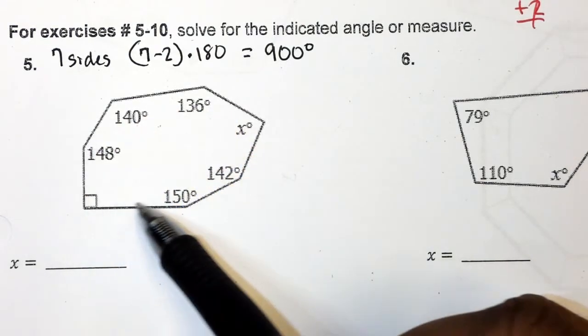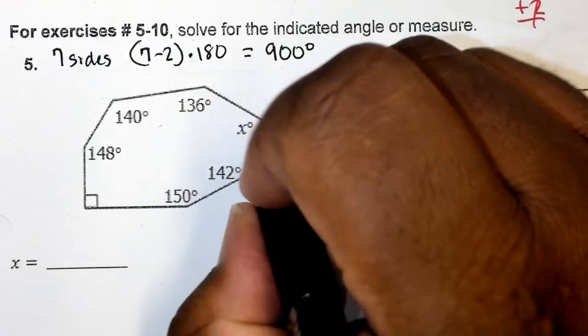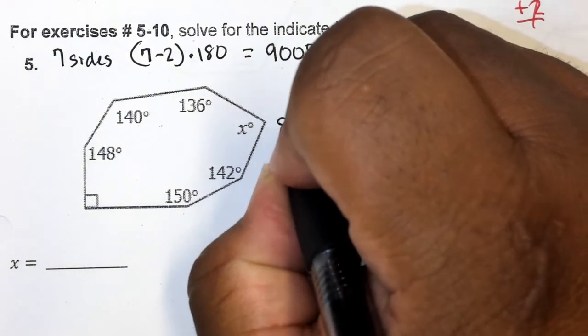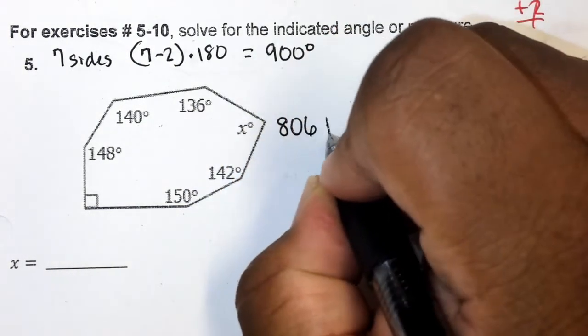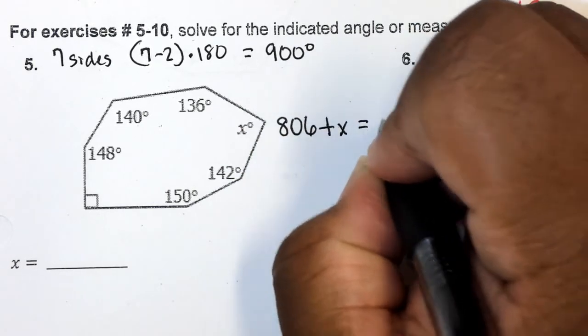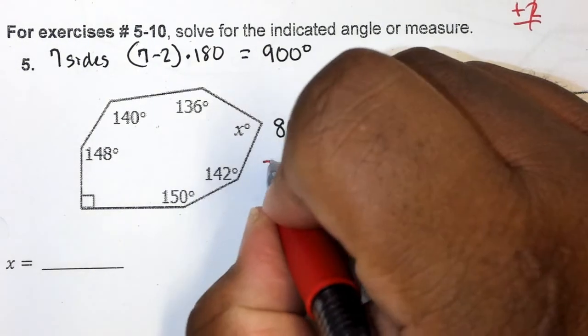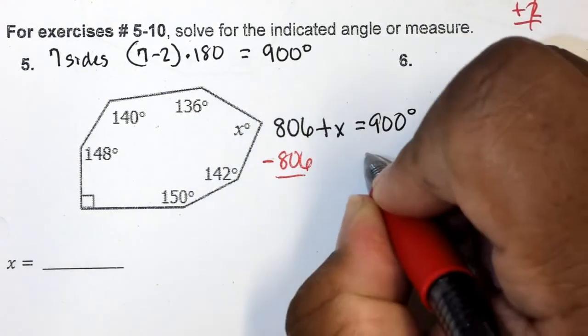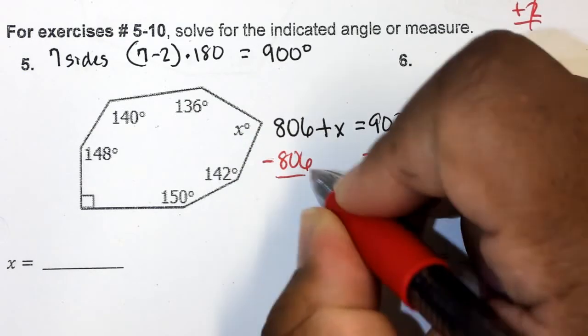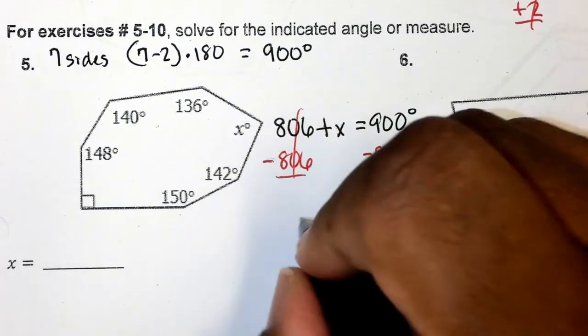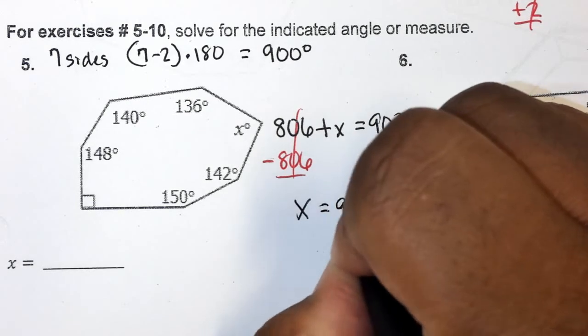When you add all these other 6 angles together, you should get 806. 806 plus x equals 900. Subtract 806. x equals 94.